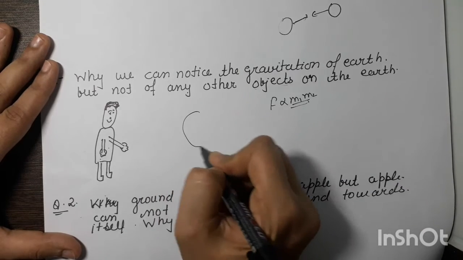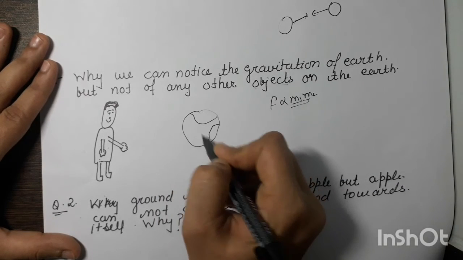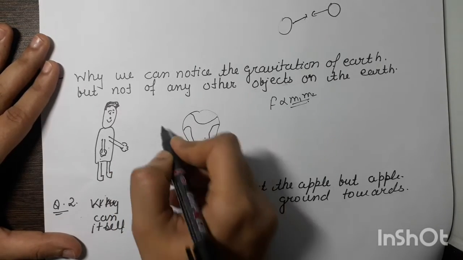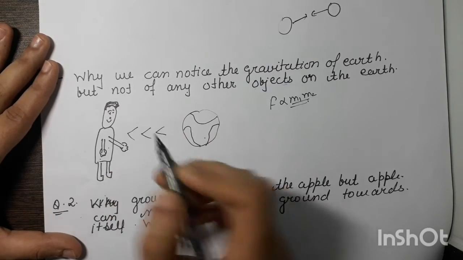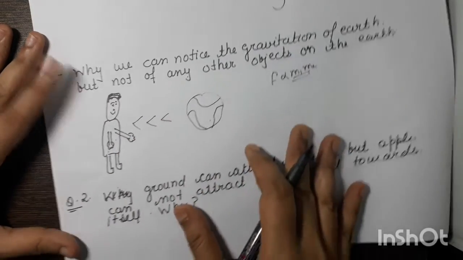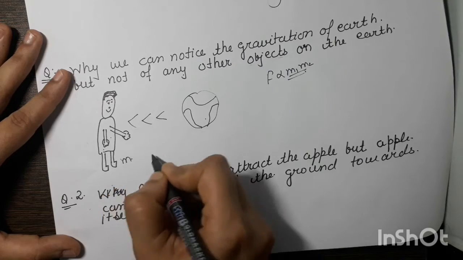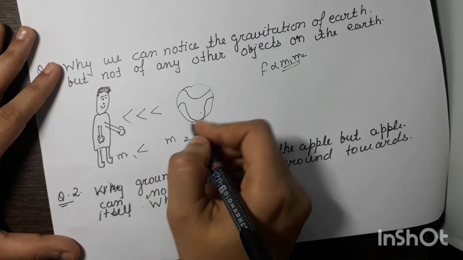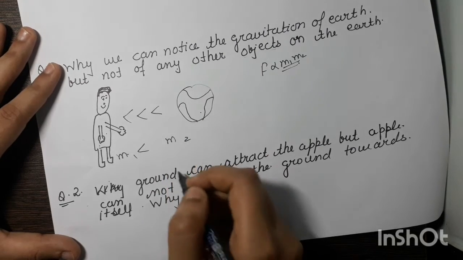So if we see the mass of earth, it is very large compared to any other person or any other object. So that's why, if mass is large, then the force of gravitation of earth will also be large.